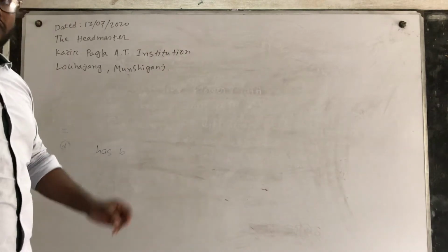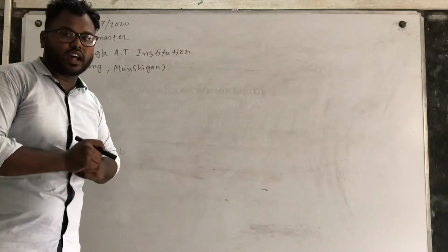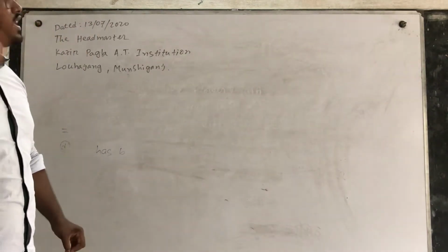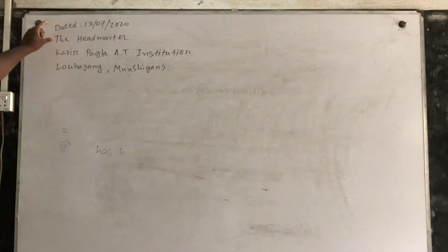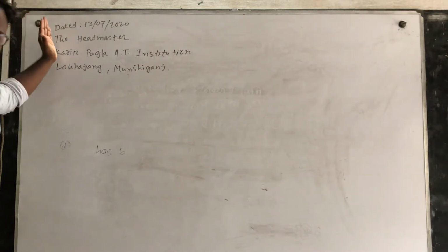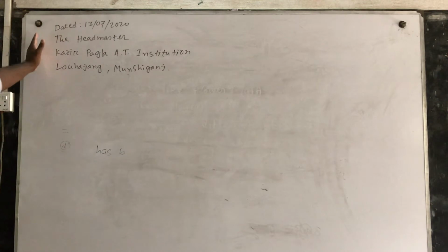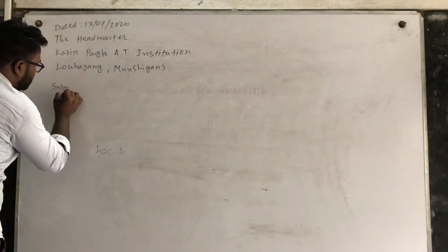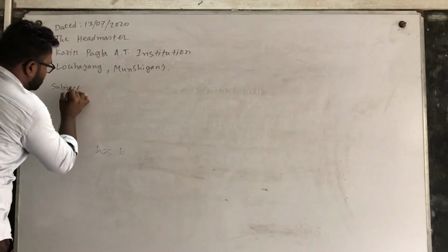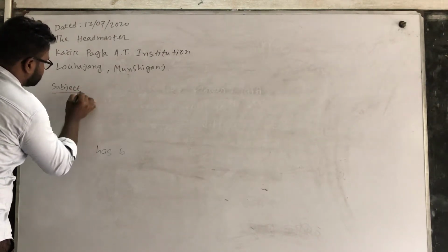This is particularly for our students from class 6 to 10. You must use a copy of this heading for your application. Now another important thing will be the subject.